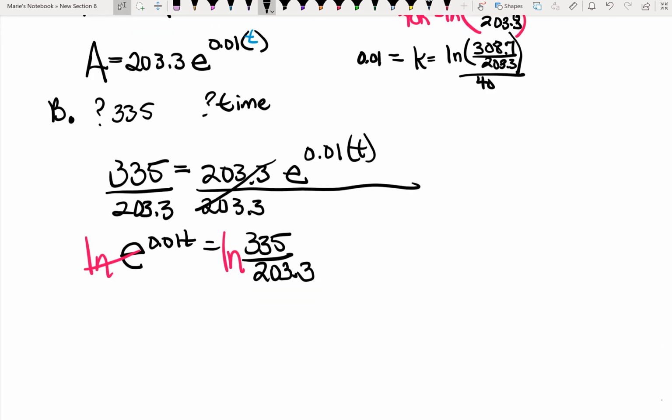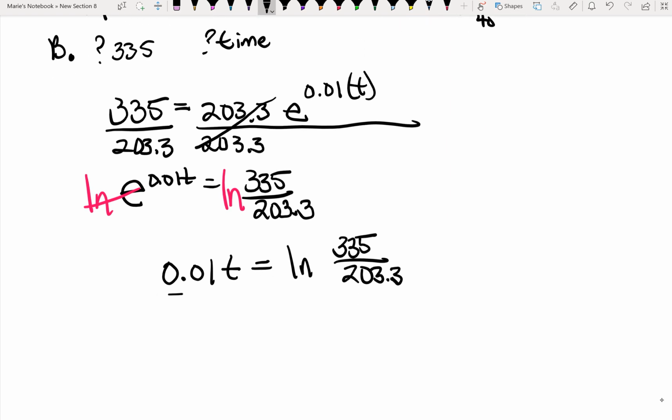And we're going to be left with 0.01t is equal to the natural log of 335 divided by 203.3. And second to last step is we're going to find t by dividing by 0.01 on both sides.